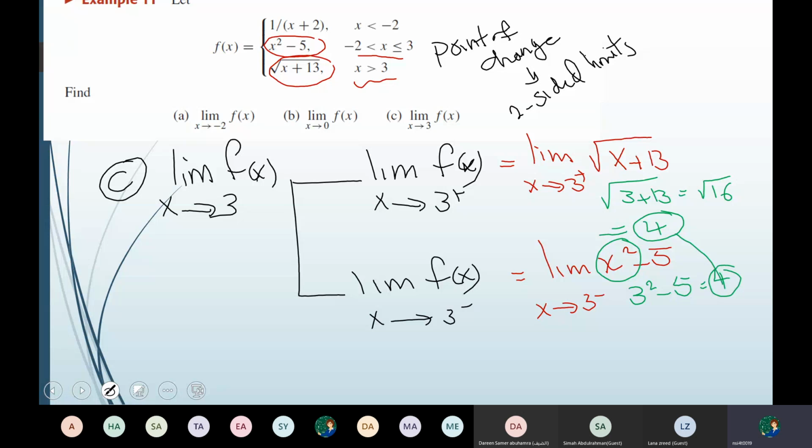From the right and from the left, are they the same? Yes, they are the same. So because of that, I can say limit f of x when x approaches 3 is equal to 4. I will not say it does not exist because they are the same. I say yes, it exists and it equals 4.